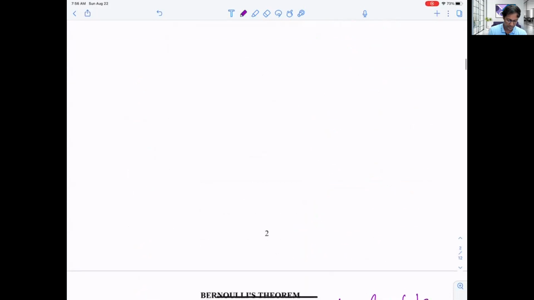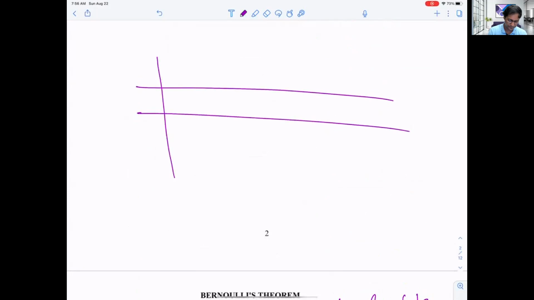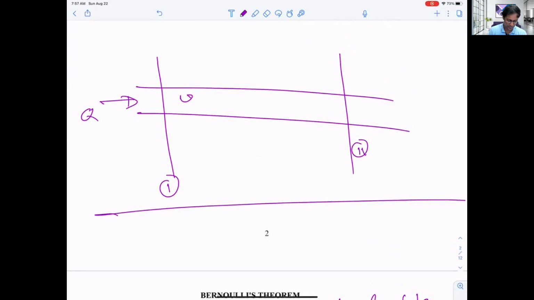Because if I want to show you the complete equation here, this is the pipe, water is flowing with a velocity v in general, section 1, and this is section 2, and this is the datum, right? We're measuring this from, this is Z1, the bottom is located up to here, the center, okay? The center is up to Z1, and here it is Z2, or you can even consider this one, it is not a problem.